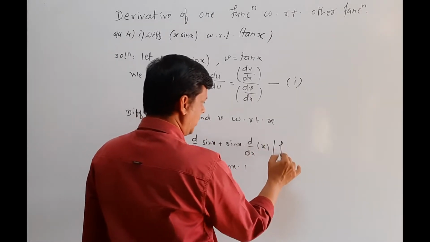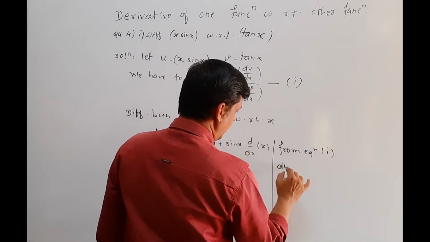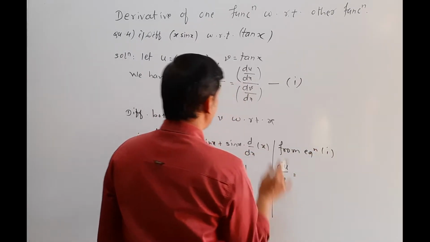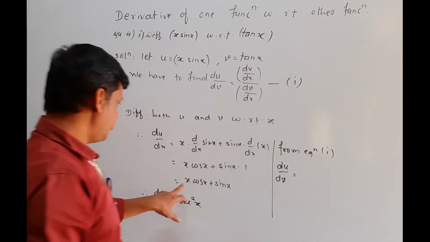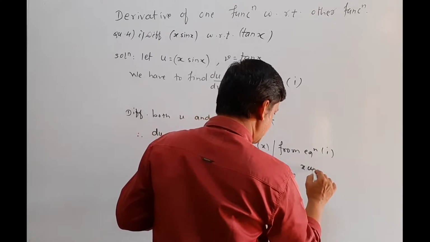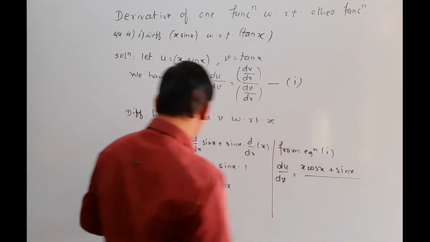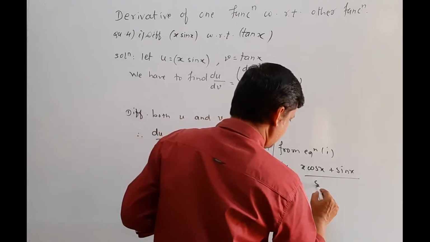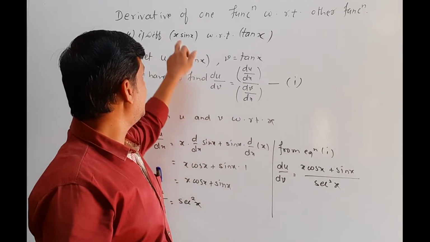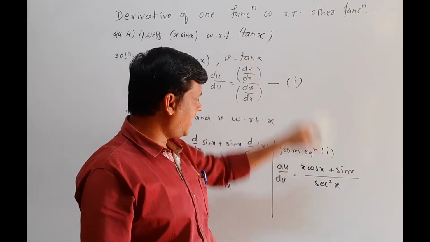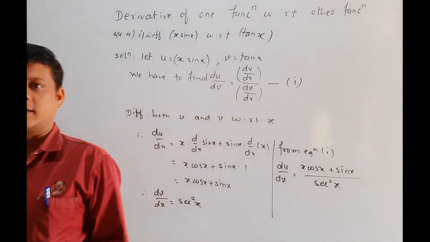From equation 1, du by dv is equal to du by dx upon dv by dx. Here du by dx is x cos x plus sin x upon dv by dx is sec square x. So here we get derivative of this x sin x with respect to tan x as x cos x plus sin x upon sec square x.